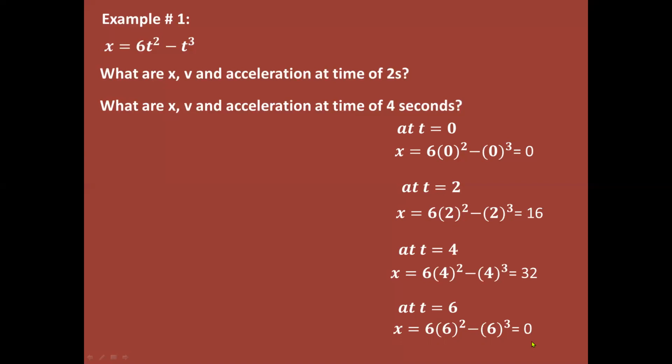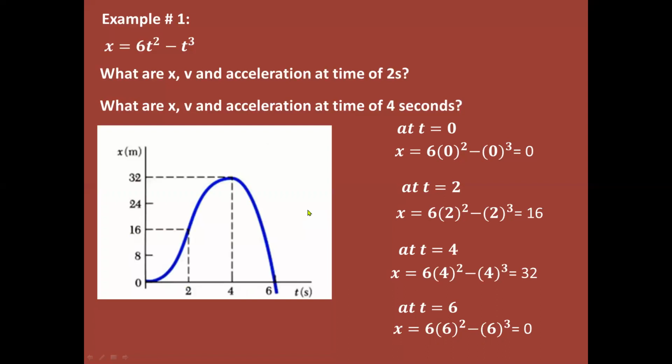Now let us have our sketch of the graph. Let us have our figure. For our first coordinate, we have 0 and 0 by using the time of 0 seconds and having an ordinate of 0. For our second coordinate, by using the time of 2 seconds and having a result of 16 meters, we have now our coordinate as 2 and 16.